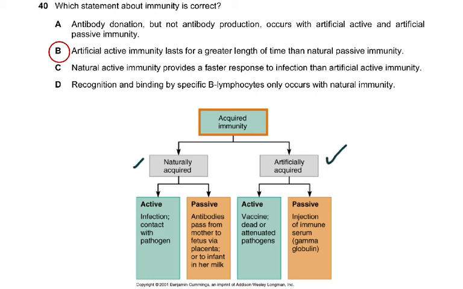So natural active is infection, contact with a pathogen, and you get the disease. You're sick for 10 days, and then you recover, and you have the plasma B cells and the memory B cells. Now, natural passive is the one you get from the mother by the fetus, placenta, infant, milk, and all that. Then artificial active is vaccine, dead or weakened or attenuated pathogens.